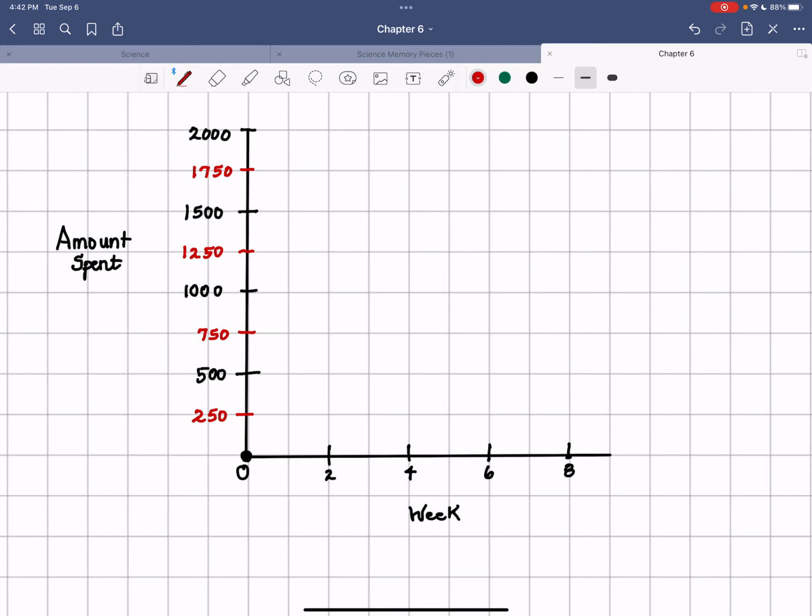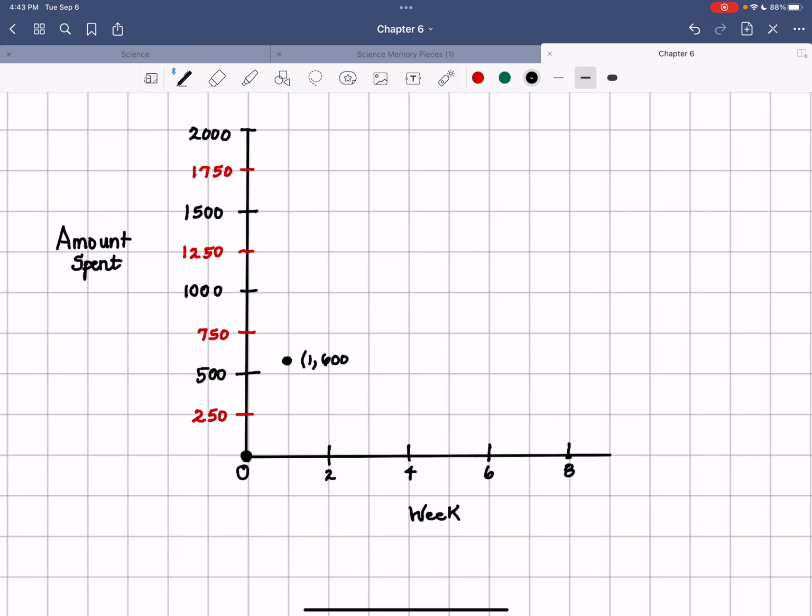Okay, so here are the points the graph gives me. At week 1, he spends, that's hard to see, a little bit over $500. I'm guessing about $600 maybe. Right there. I'm going to call it about $600.